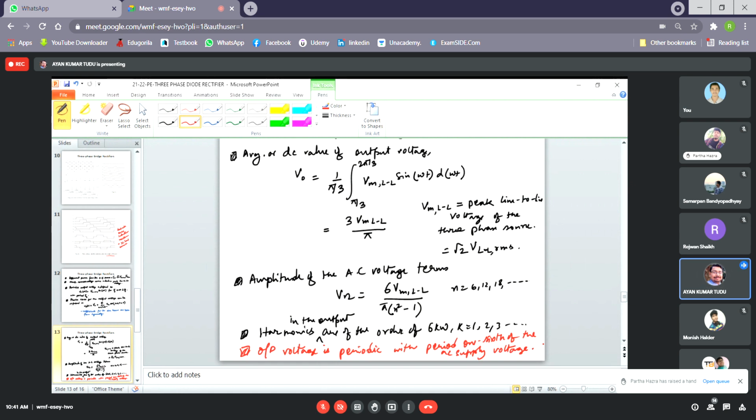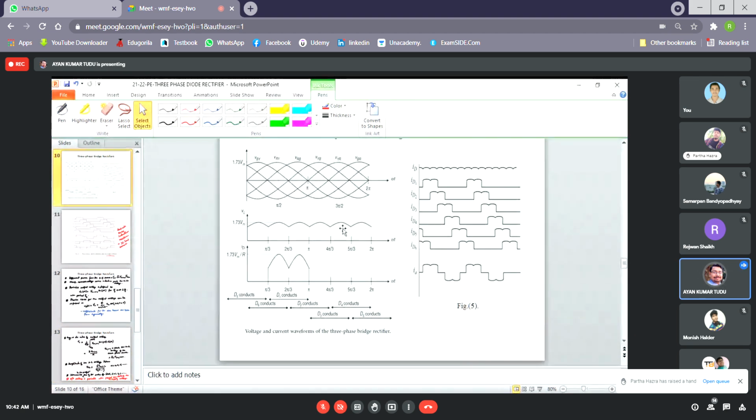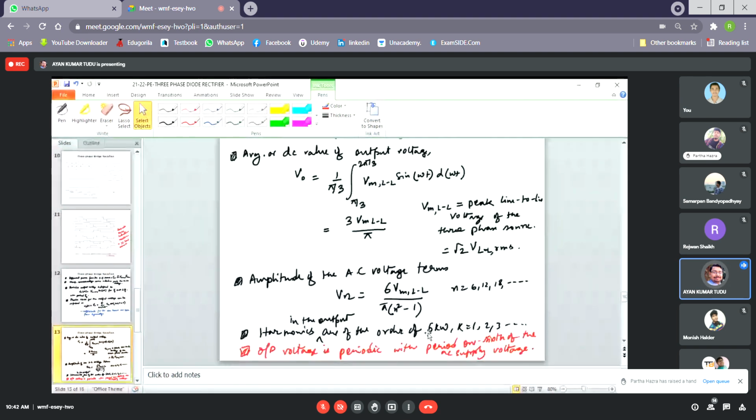So what is the advantage of this three-phase rectifier over the single-phase rectifier? The advantage is that the output is inherently like a DC voltage, and the high frequency, low amplitude harmonics enable filters to be effective.